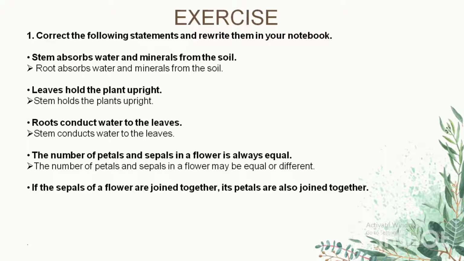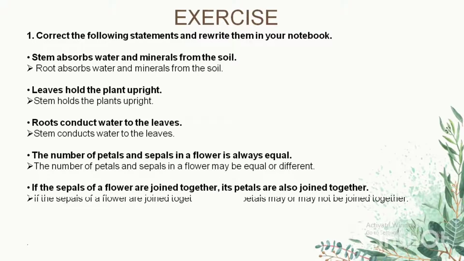Okay, रोज में सेपल्स भी अलग है as well petals भी अलग है. So we can write that not necessarily. If the sepals of a flower are joined together, then its petal may or may not be joined together. Or like in a manner you can write, if the sepal of a flower are joined together, then its petal are not necessarily joined together.